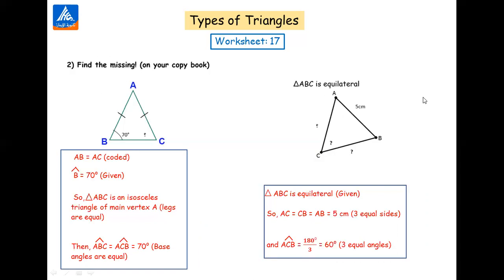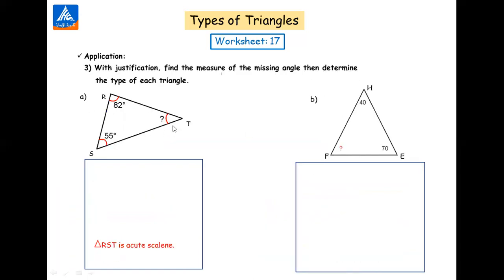Let's move to question 3. With justification, find the measure of the missing angle, then determine the type of each triangle. We have here angle R is 82, angle S is 55.